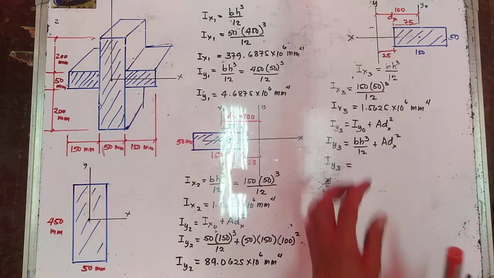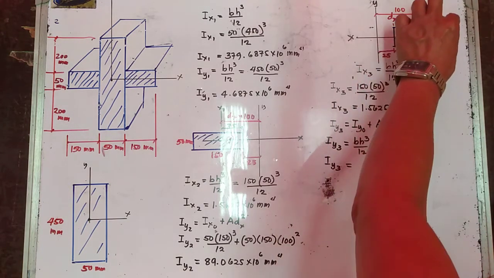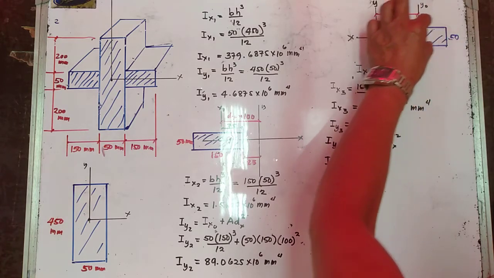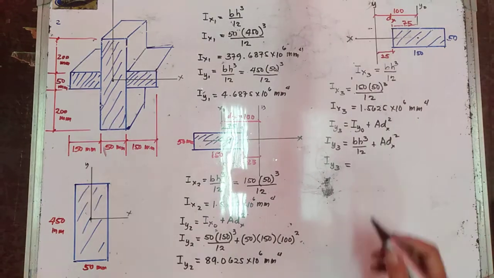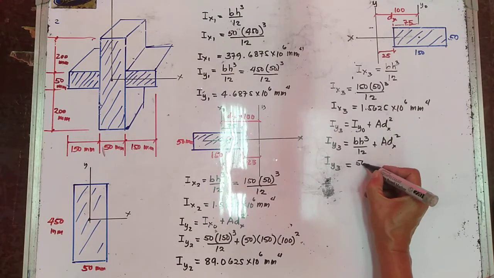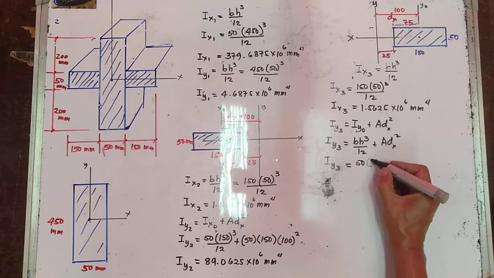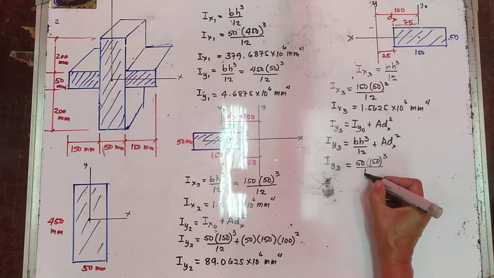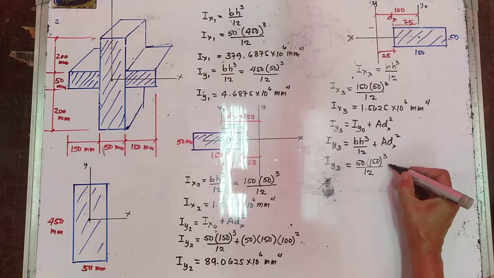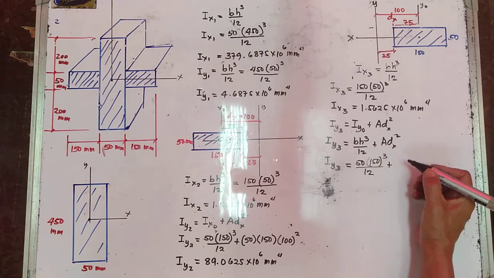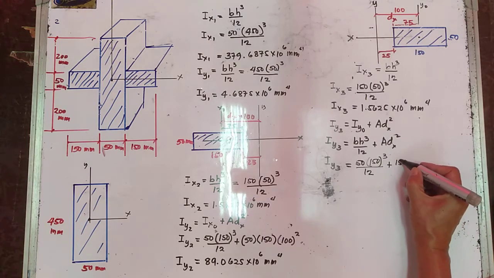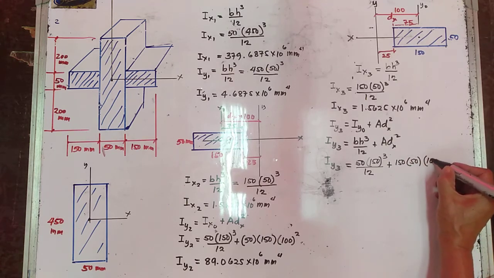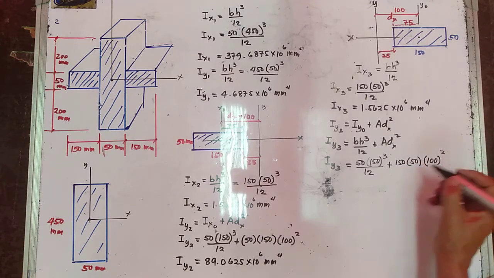Your b is the dimension in the direction of the y-axis, so that one is 50. Your h is 150 cubed all over 12, plus the area, again 150 by 50, times d, which is 100 squared.